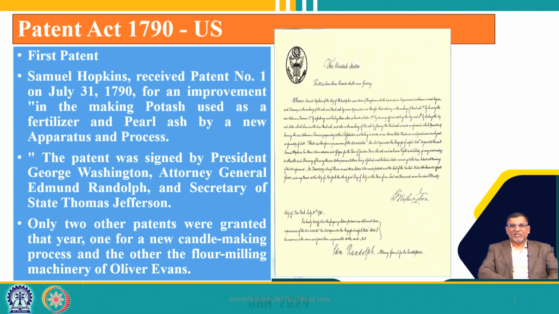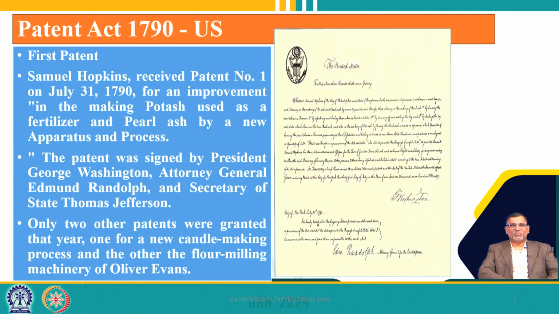You can see on the right side the patent certificate, which was signed by the President of the United States at that point of time, George Washington, and the Secretary of State, Thomas Jefferson, and the Attorney General.